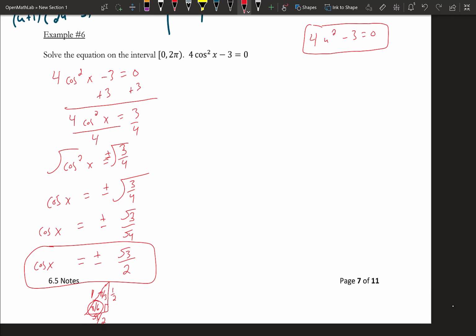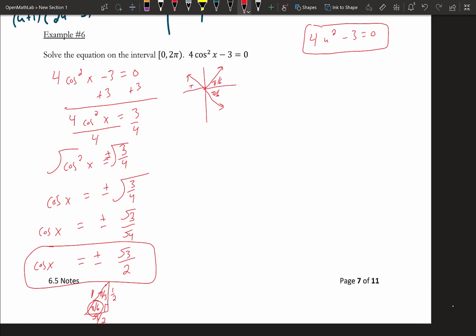Then if I draw an xy system, we're letting cosine be positive or negative radical 3 over 2, so that's going to generate angles in all the different quadrants, with reference angles of pi over 6. I want to find all 4 of those angles.